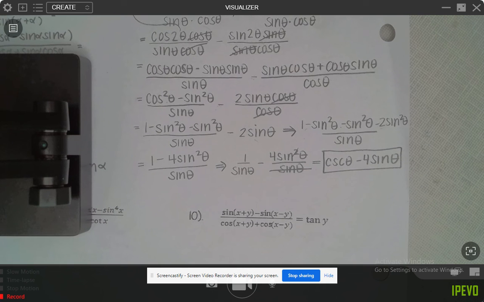Just use those formulas. Use the sum and difference formulas for sine and cosine. It's all going to start coming together as soon as you use those formulas. There should be some serious work on your paper.